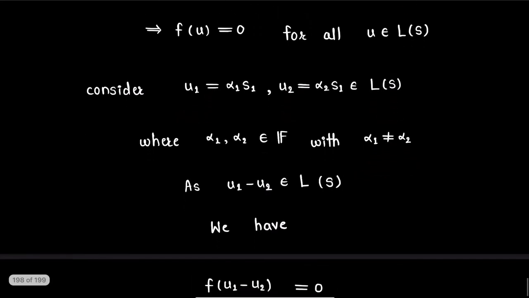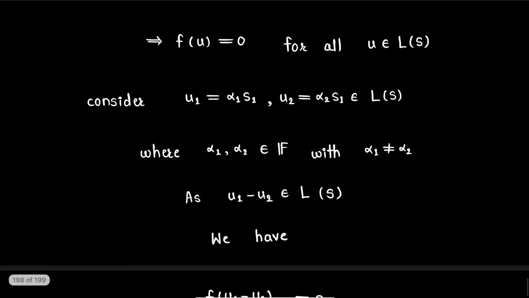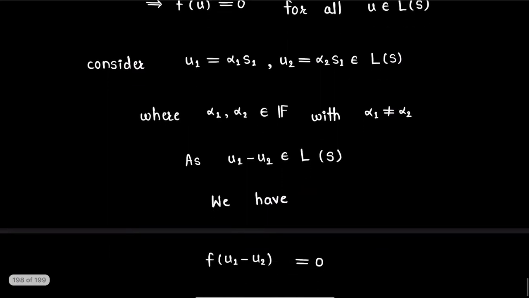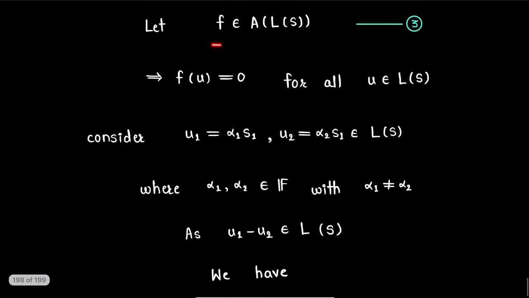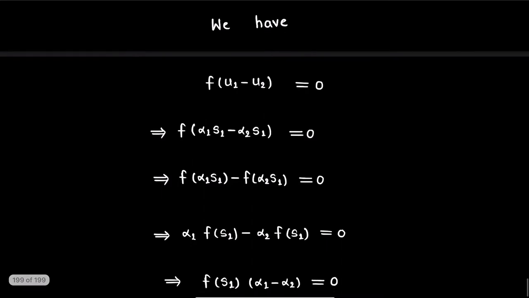Since U1 and U2 are in the linear span of S, and we know that the linear span of S is a subspace of vector space V, U1 minus U2 will again be some vector in the linear span of S. Therefore f of U1 minus U2 will be equal to 0, since f is in the annihilator of the linear span of S. Now as f of U1 minus U2 is 0, we can write this as f of alpha 1 S1 minus alpha 2 S1 is equal to 0.